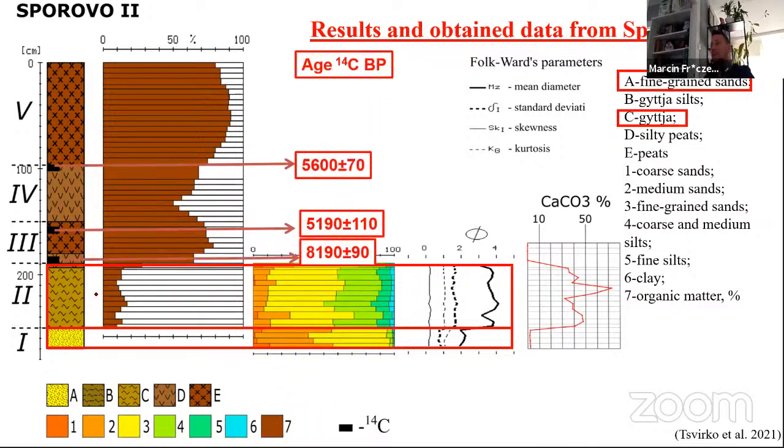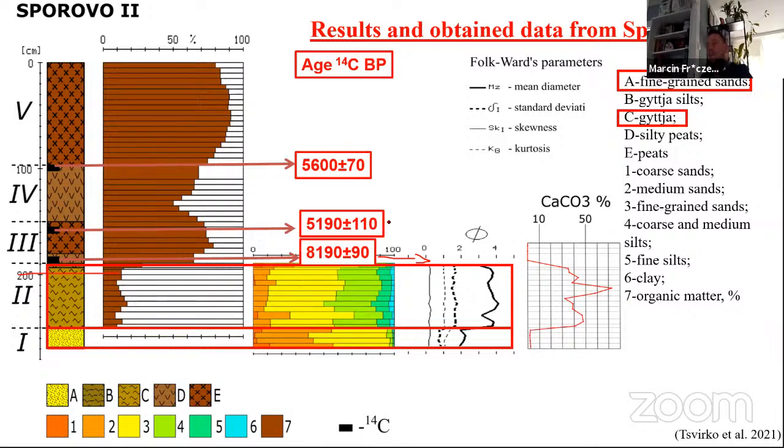And we also have some C14 datings, and we can say that the accumulation of peat starts about 8.2 thousand years before present on the top of these gyttja sediments.